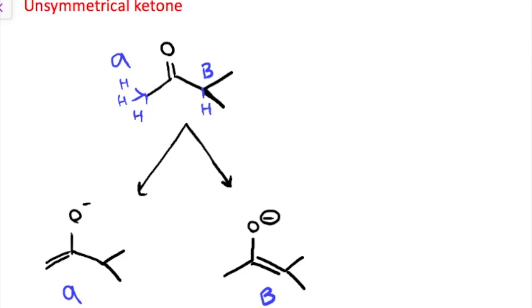Now if I use sodium hydroxide at room temperature, which enolate do you think I will get? Enolate A or enolate B? Again, using sodium hydroxide at room temperature.